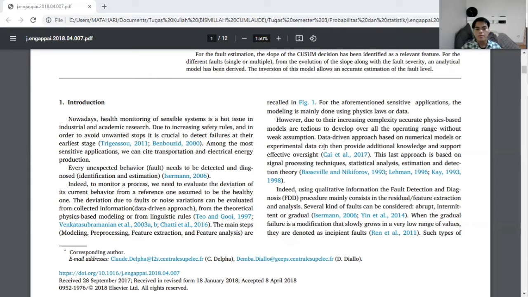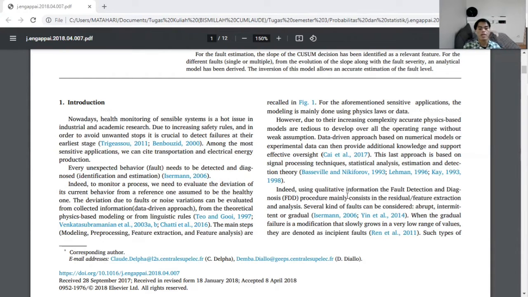Data-driven approach based on numerical model from experimental data can then provide additional knowledge and support effective oversight. The last approach is based on signal processing techniques, statistical analysis, estimation, and detection theory. Indeed, using qualitative information, the fault detection and diagnosis (FDD) process mainly consists in the residual feature extraction and analysis.